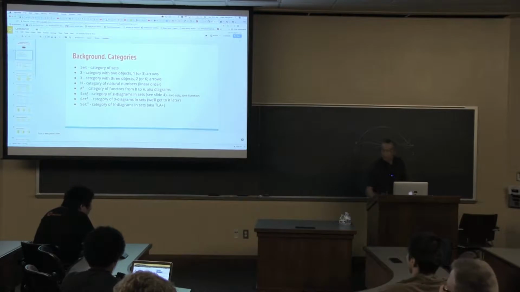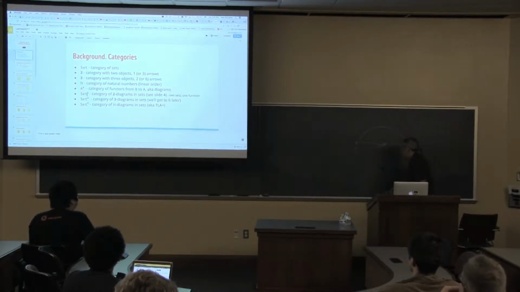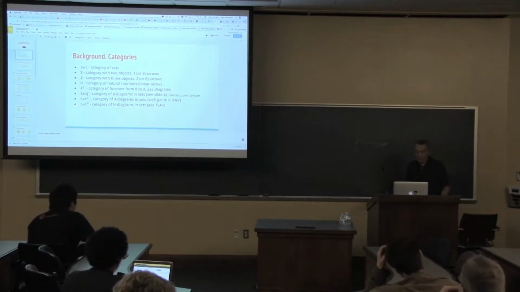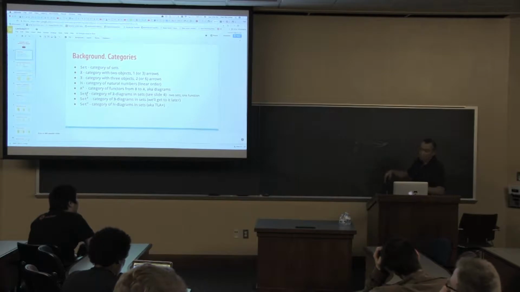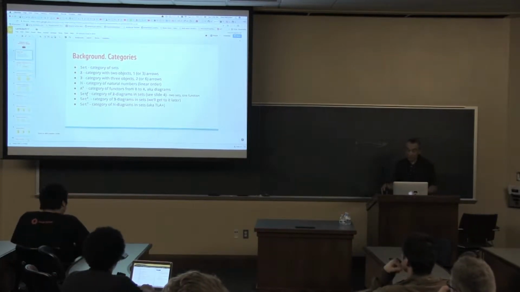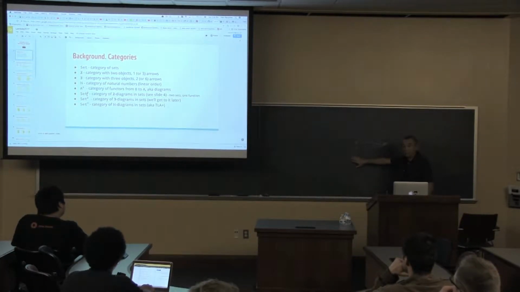So here are 3 examples. Set to the power of 2. It's not the square of set, because we take functors from this category to set. That's why functors from small categories or from finite categories are also called diagrams. So what does it mean that we have a functor from this category to set?